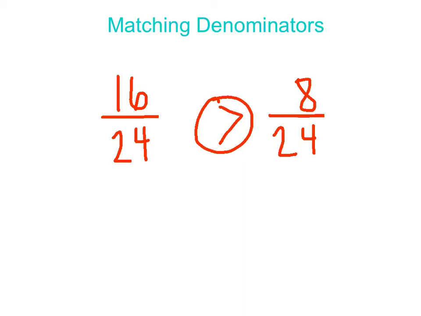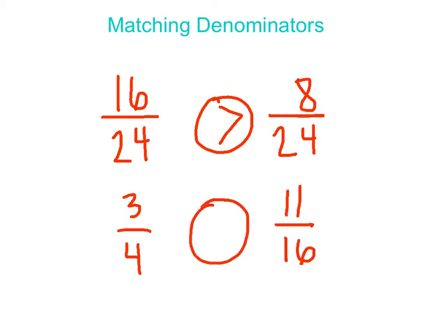If you use least common multiple and you turn whatever fractions you get, let's say you got 3/4 and 11/16, and you change these bottom numbers using least common multiples to be the same, it's much easier to compare them.